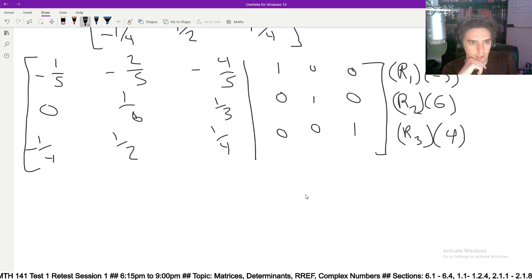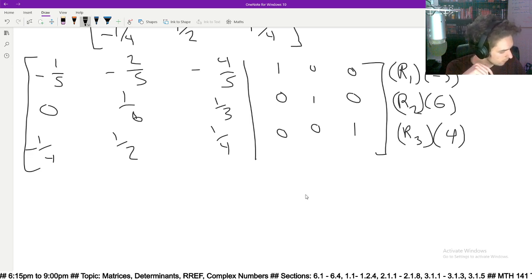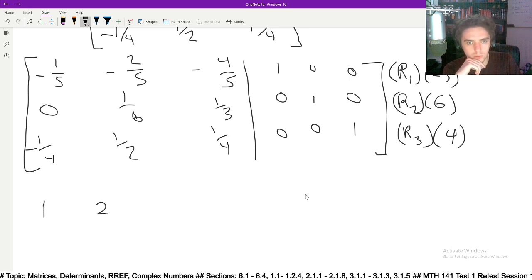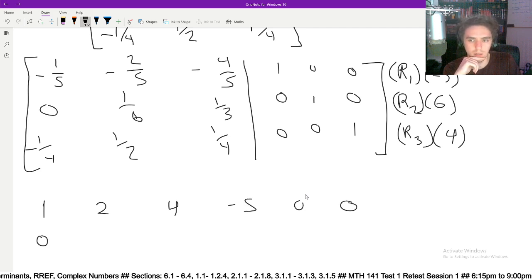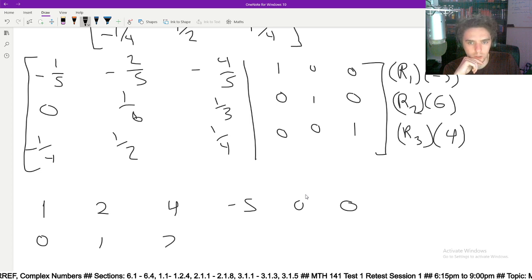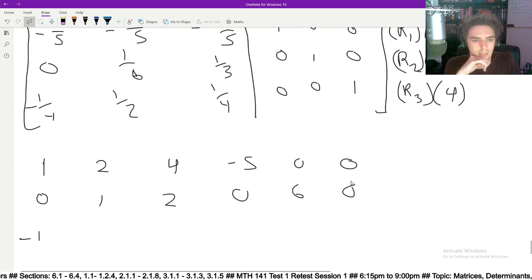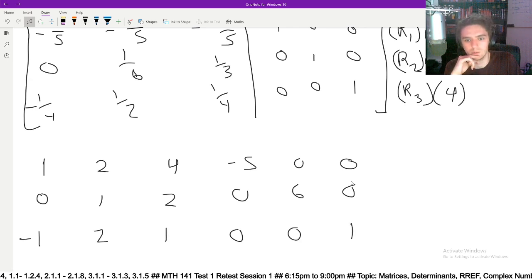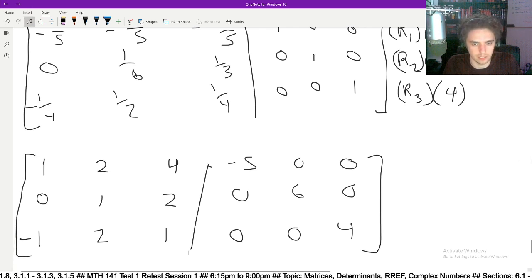Sorry, I did negative 5 up there. So this is going to be 1, 2, 4, negative 5, 0, 0, 0, 1, 2, 0, 6, 0. This is going to be negative 1, 2, 1, 0, 0, 4. Okay, so we got rid of all the fractions. Still augmented in the middle there.